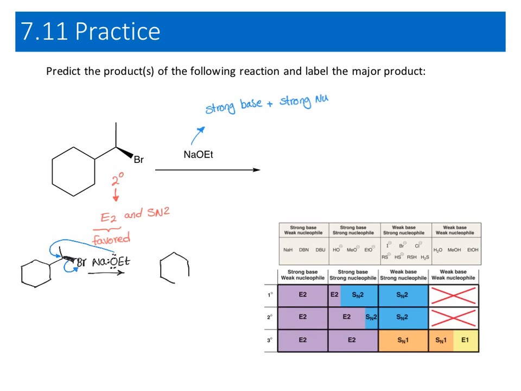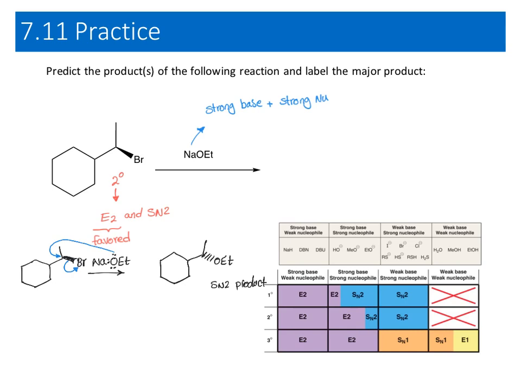And I'm gonna make the chirality center, so I need to show inversion of configuration as well. So this is the SN2 product.